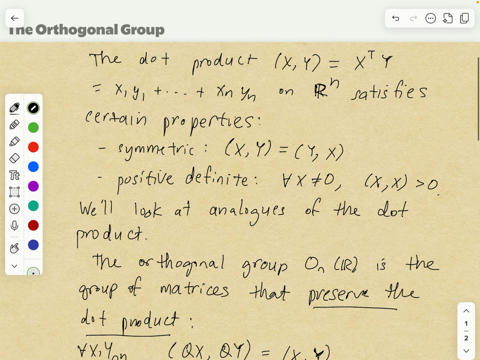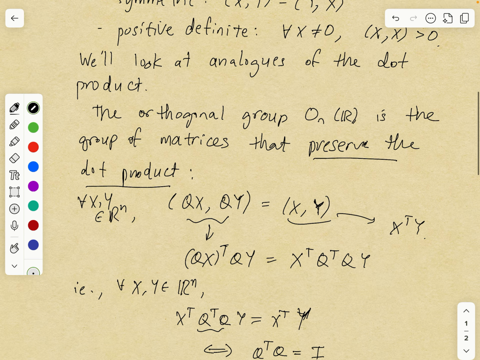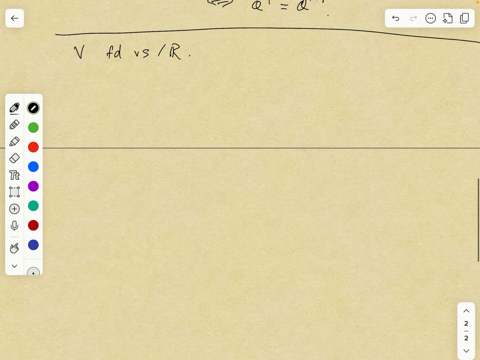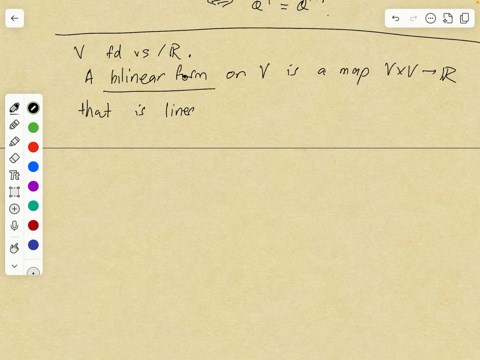We could think of V as Rn once you choose a basis for V, but here I haven't chosen a basis for V. So when you have such a vector space, a bilinear form on V is a map from V cross V into R that is linear in each variable.